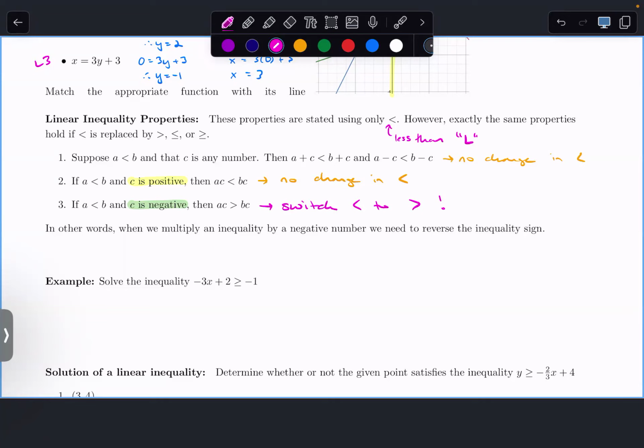Let's do just a quick example, right? When we multiply an inequality by a negative number, we need to reverse the inequality sign. And just remember, division is just a special case of multiplying, right? So division is just multiplying by a fraction. Maybe I'll add that.